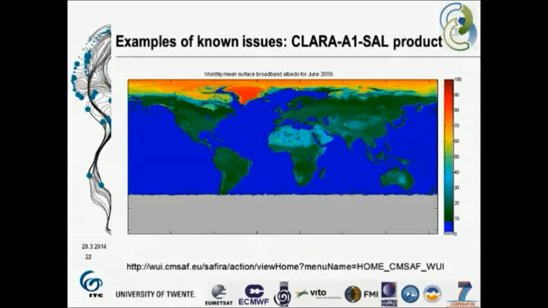So now having looked at the GlobAlbedo, it's time to also take a look at some known issues in the Clara A1 cell dataset. The main limitation in this dataset was that the aerosol optical depth we used in calculating the surface albedo was set to a constant level of 0.1 at 550 nanometers throughout the dataset.